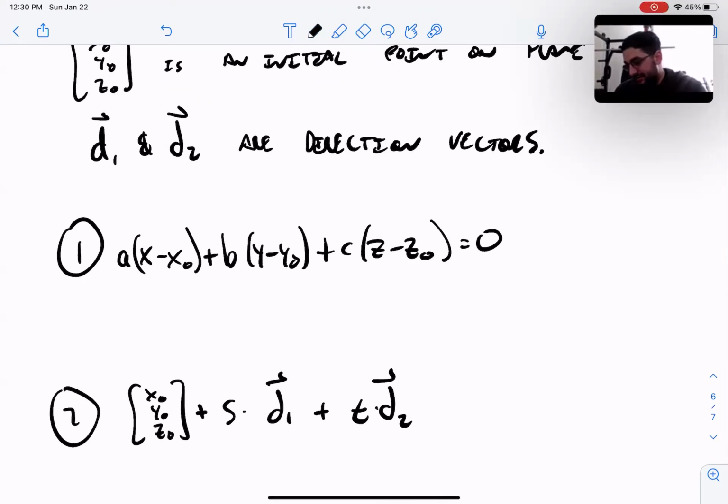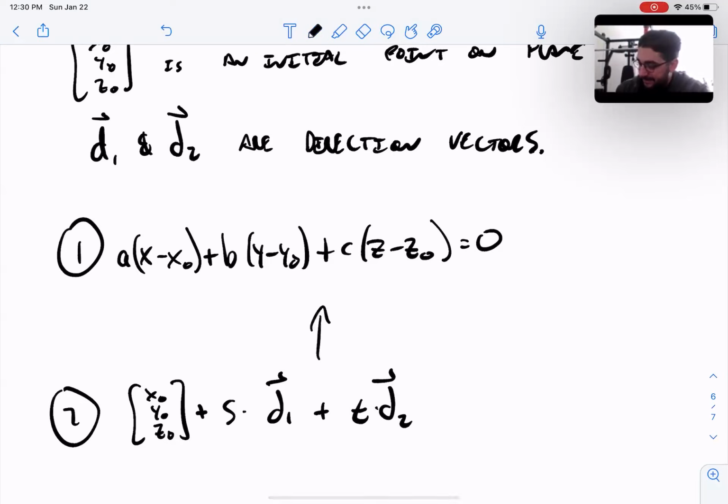So here's the trick. The x naught, y naught, z naught, that's fine. You can just read those numbers off in either case. What's a lot trickier is the ABC. So how can you get the ABC?